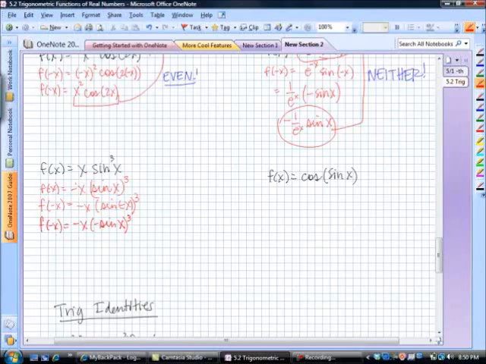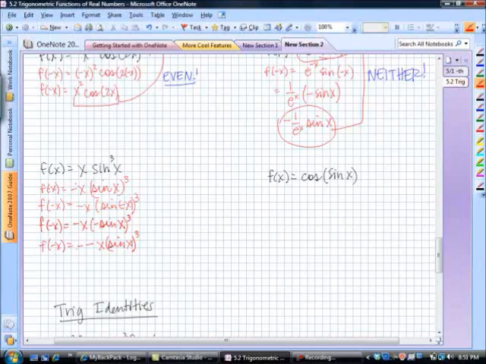Now we have to simplify this again. When you cube a negative number, what happens? Since sine is negative and we're cubing it, not squaring it, the negative stays. So now we have f of negative x is negative x sine x cubed. Do you see that since the negative stayed, I just moved it to the front?